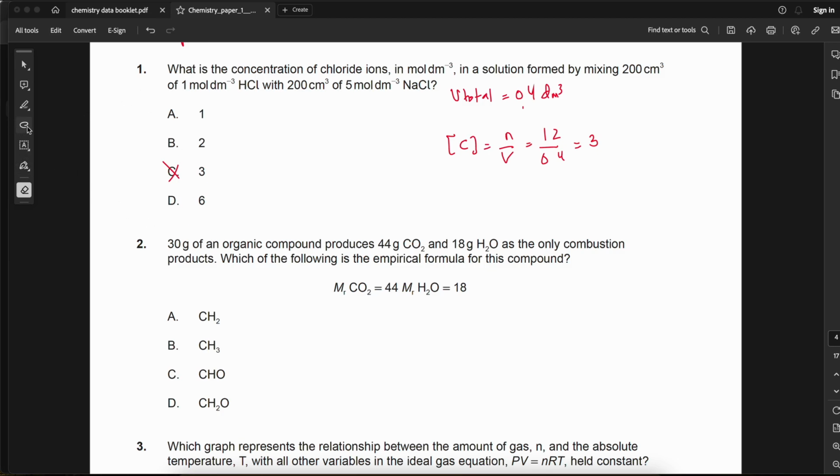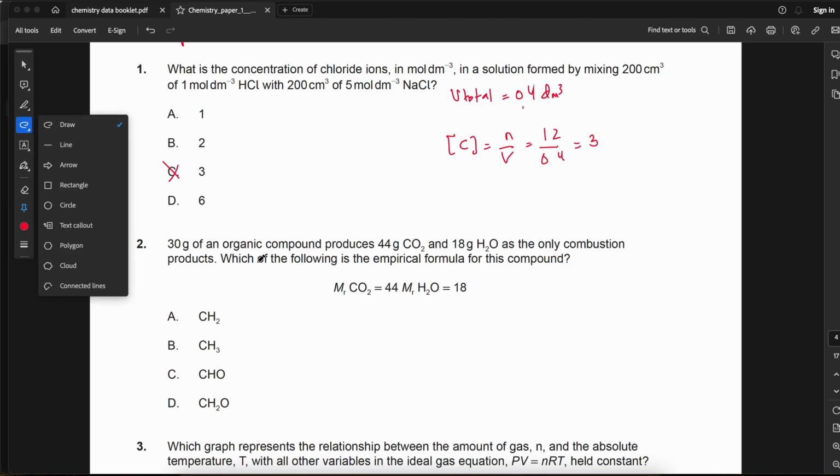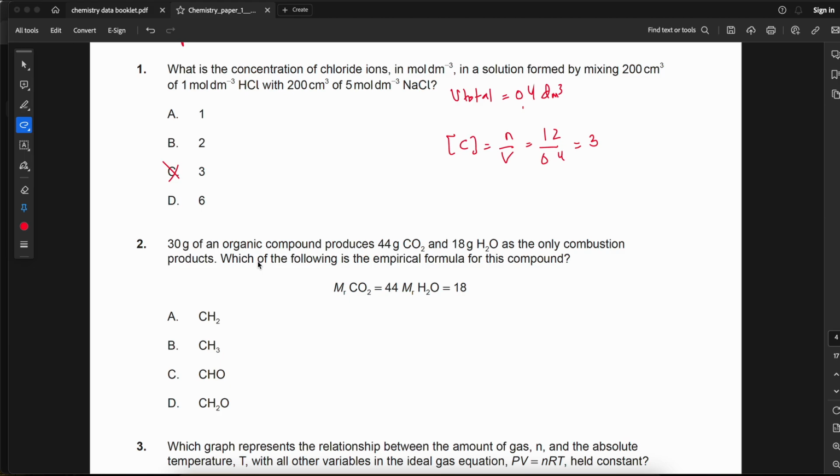For 44 grams of CO2, we can find the moles first, which is 44 divided by the molar mass of CO2, which is 44 as well, so you will get 1 mole. And for hydrogen, 18 divided by the molar mass of H2O, which is 18 as well, so you will get 1 mole.